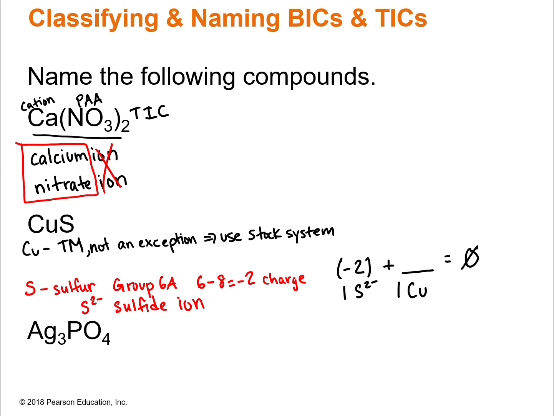And the overall charge has to be 0. So when I add the charge from the sulfide ion and the charge from my one copper ion, they have to be 0. So what does the charge have to be for copper? It has to be +2.